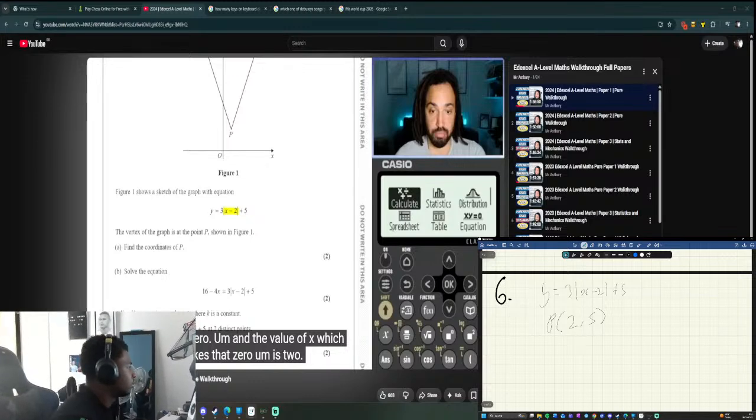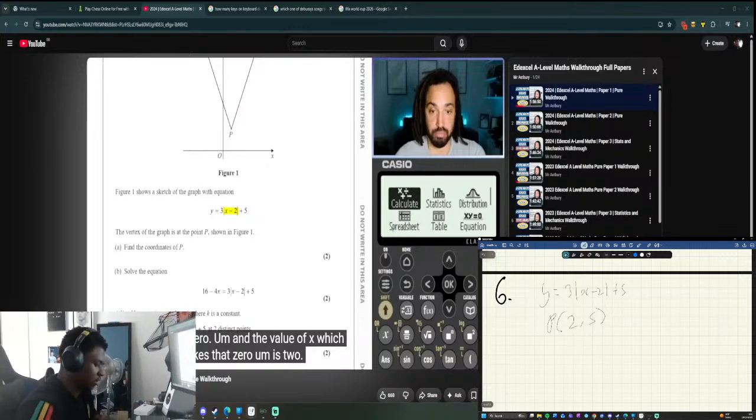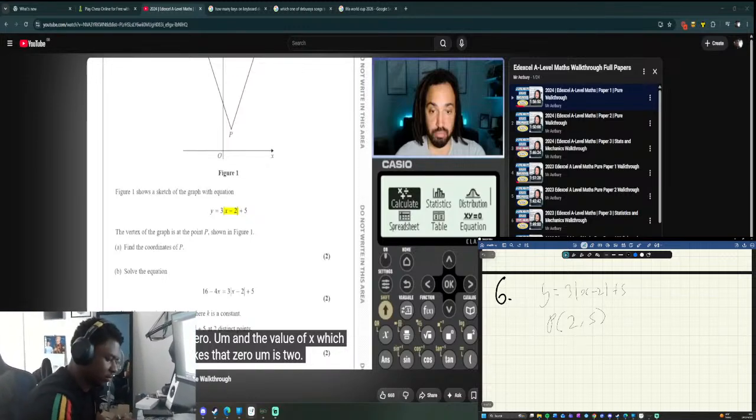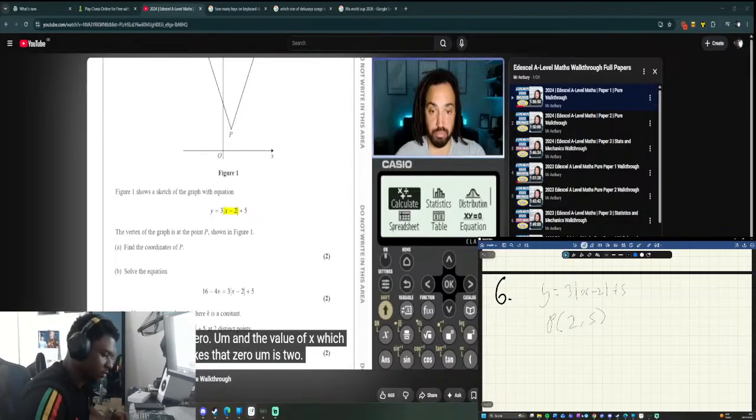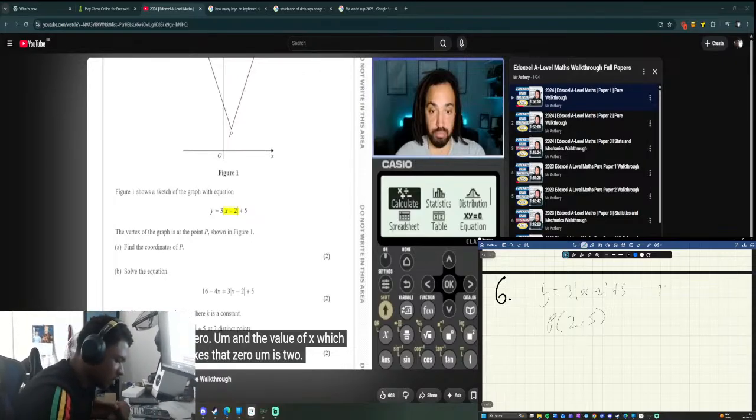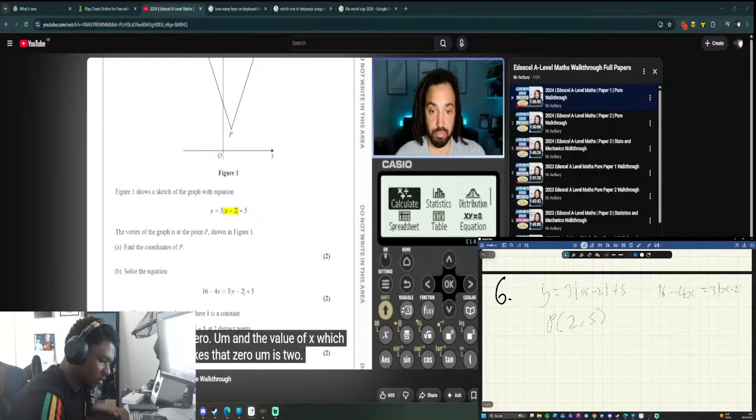Solve the equation. 16 minus 4x equals 3 modulus of x minus 2 plus 5.